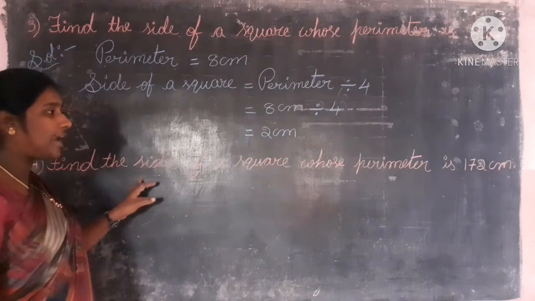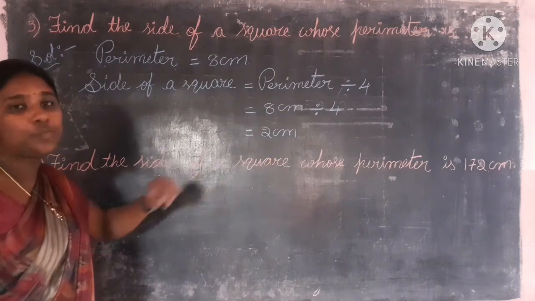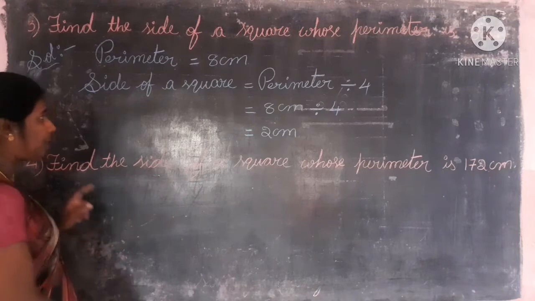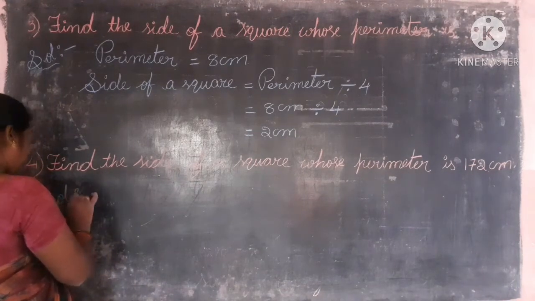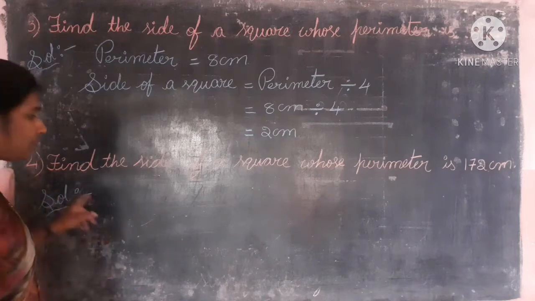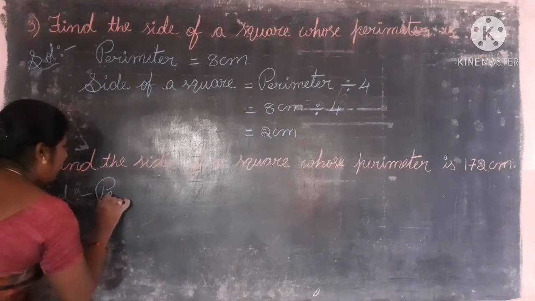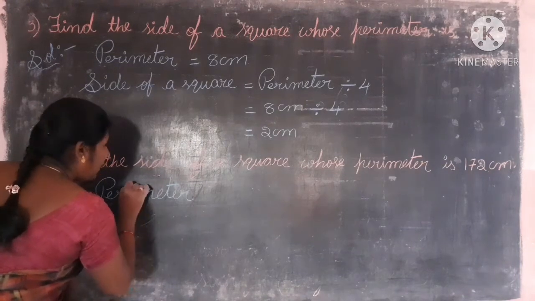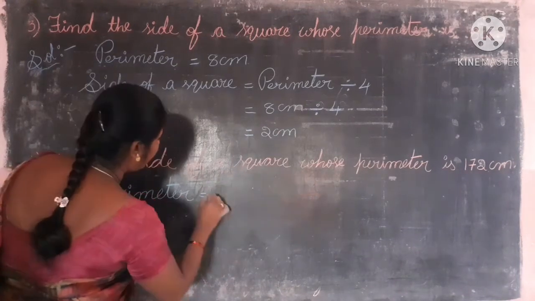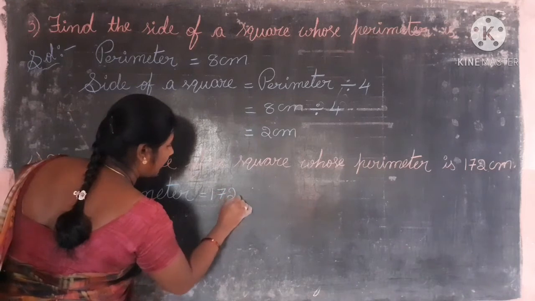Next one. Find the side of a square whose perimeter is 172 centimeter. Same problem. Here also they gave the perimeter and we have to find the side. Perimeter is equal to 172 centimeter.